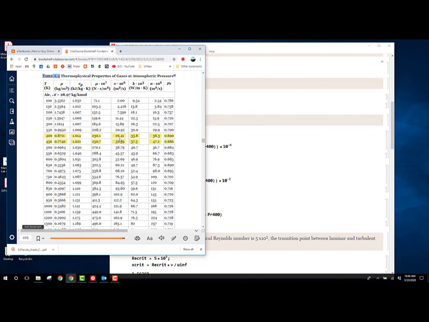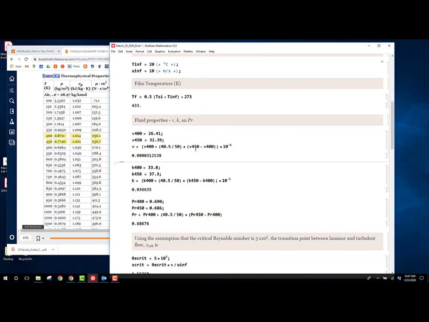So the real value is 26.41 times 10 to the minus 6, because if you have 26.41 times 10 to the minus 6 and then multiply that by 10 to the 6th, you come out to 26.41. So for the viscosity it's 10 to the minus 6, the thermal conductivity is 10 to the minus 3, and the Prandtl number is just a value usually between 0 and 1. Well, it can be greater than 1, but it doesn't have any exponent associated with it.